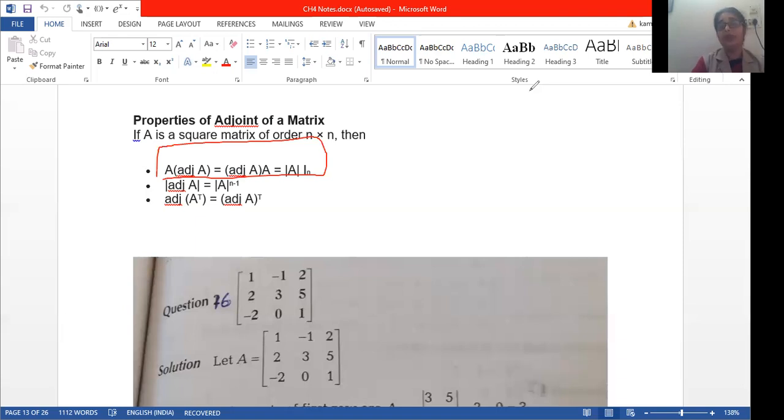Chapter 3 we have completed, chapter 4 we have completed almost, and we have done 4 exercises of chapter 4. So please, it's time right now. Do each and every question in the notebook, so that afterwards you should not face any problem. If you do it later on, you will have more work to do. And in maths, it's compulsory that you practice a lot daily. Okay. Thank you, class.